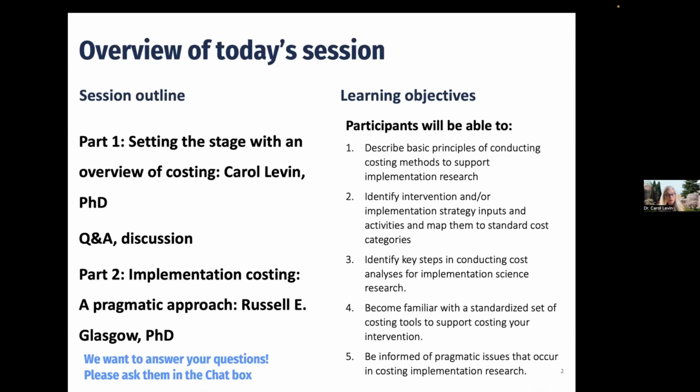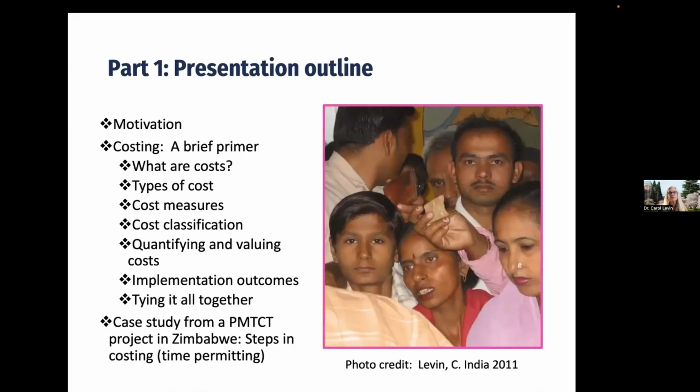We want to answer your questions, so please do ask them in the chat box. We'll have a facilitator who's collating those, and we'll raise them at the question and answer time. We hope by the end of this webinar, you are familiar with some basic principles and, more importantly, some of the pragmatic issues that occur when costing implementation research.